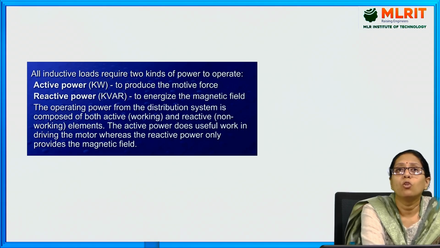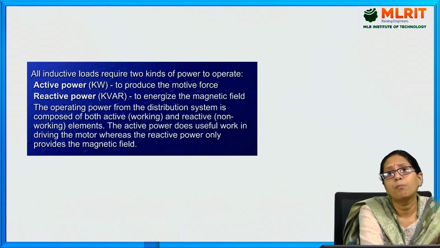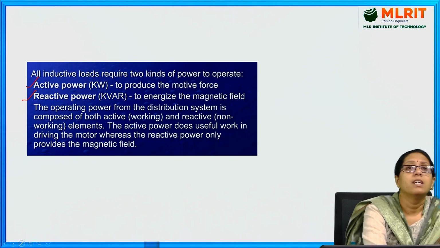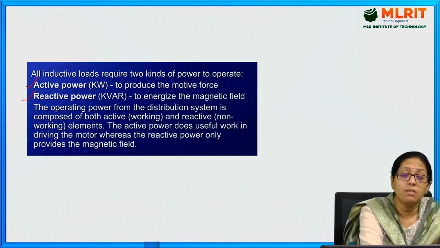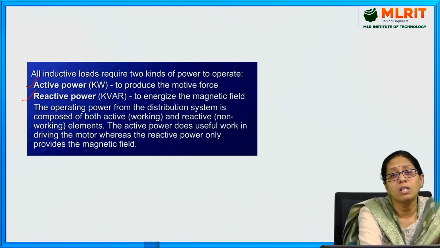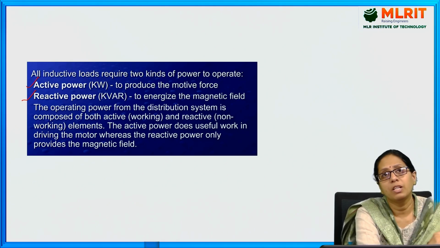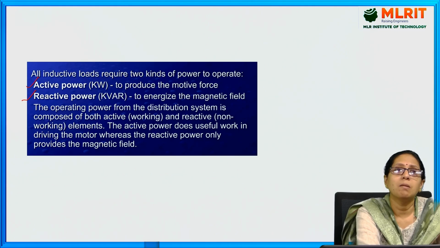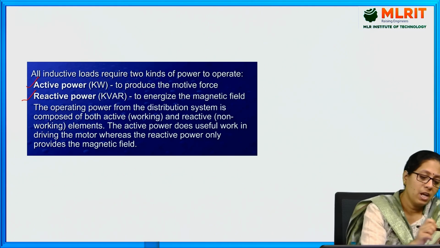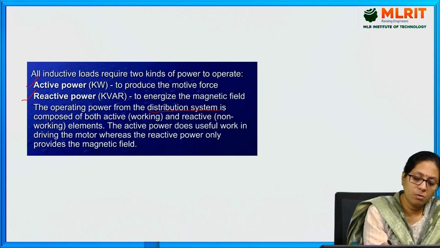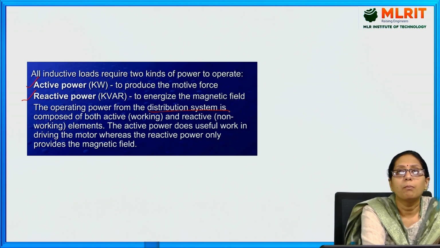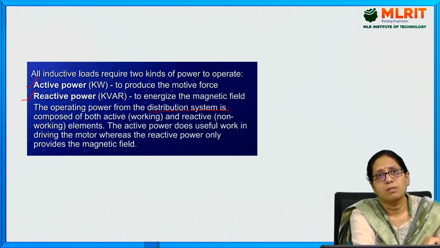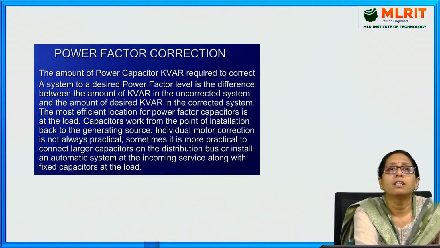An inductive load requires 2 kinds of power to operate, that is active power as well as reactive power. As I said previously, active power is measured in kilowatts and reactive power is measured in kilovolt ampere reactive. To energize the magnetic field, the operating power from the distribution system is composed of both active and reactive power.